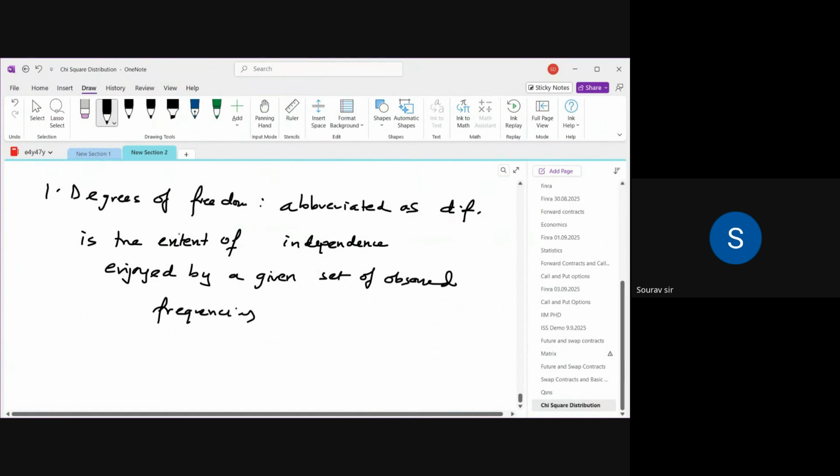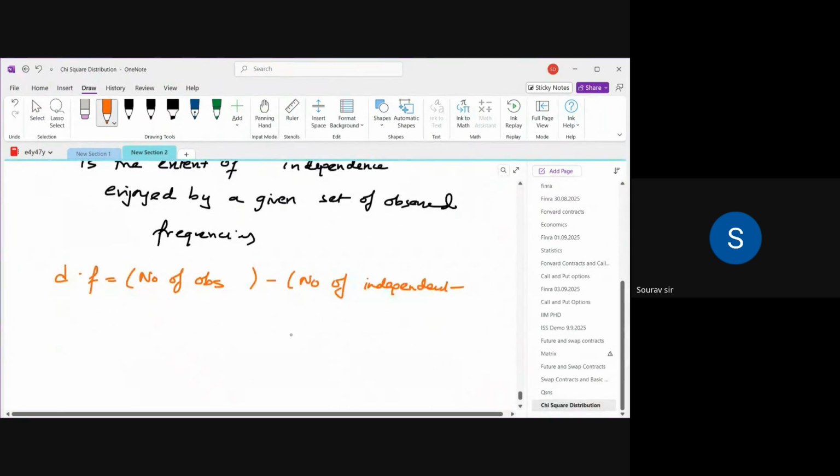Okay. So here, if I write the formula, then DF is equal to the number of observations minus the number of independent constraints on them. Okay. So this is for the contingency table which I did for you.